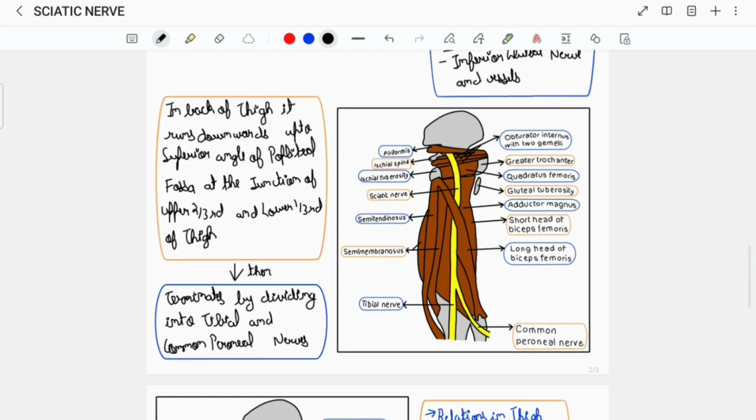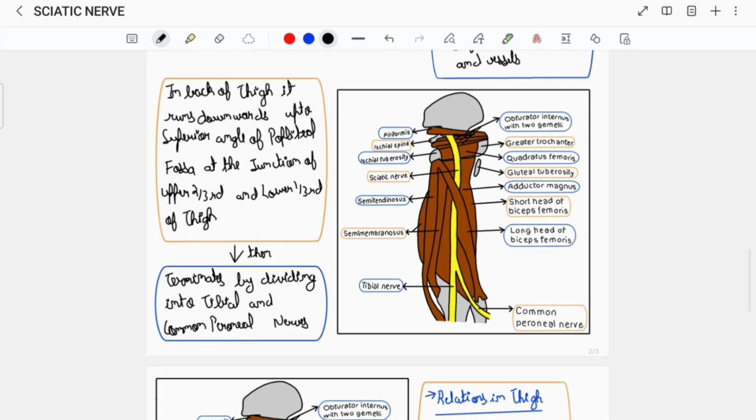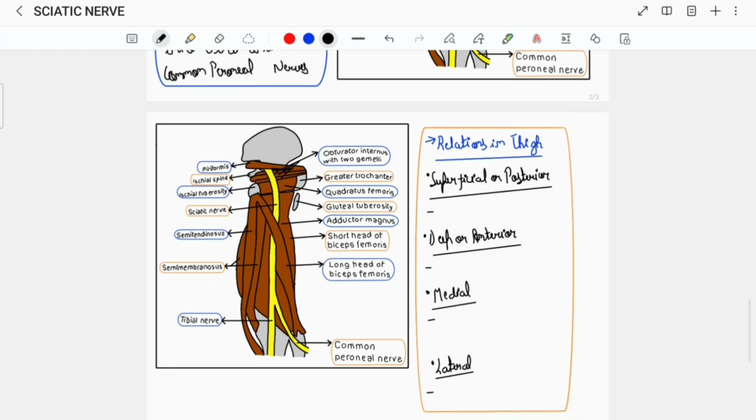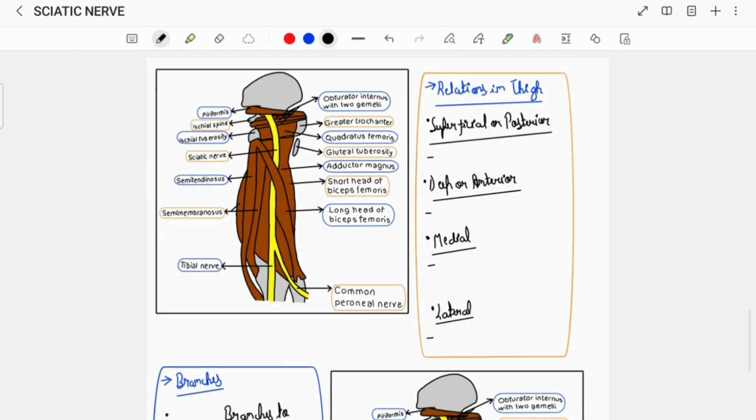This diagram over here shows the entire course of the sciatic nerve. Talking about the relations of sciatic nerve in the thigh.